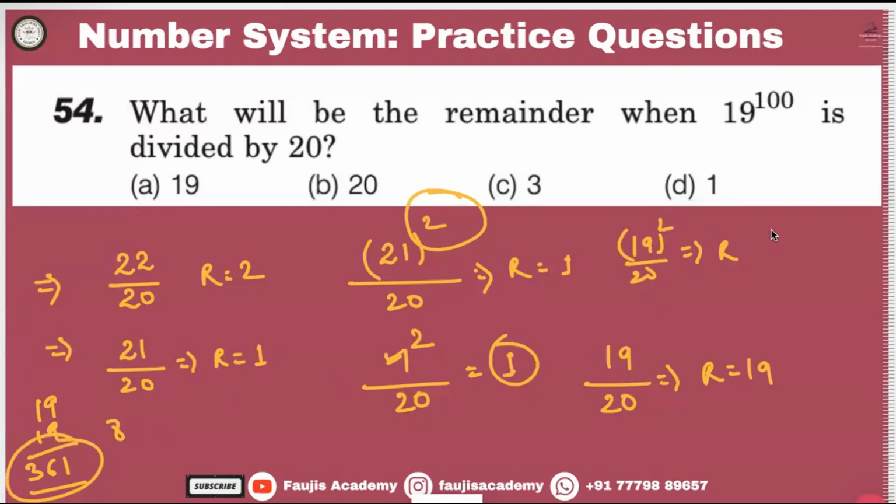What is the remainder, guys? Quick. 19 squared when divided by 20. Now you can't tell me you don't know how to find squares. So the remainder is 1, right?